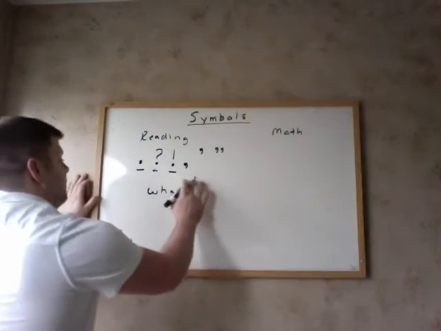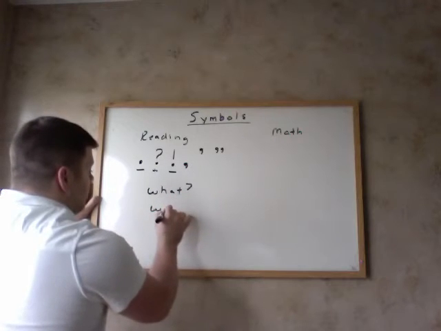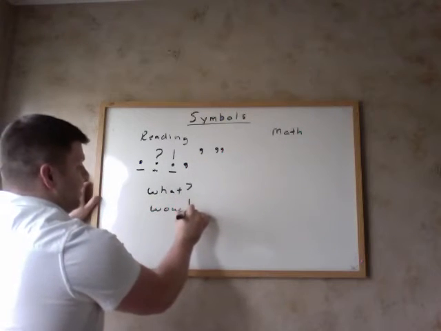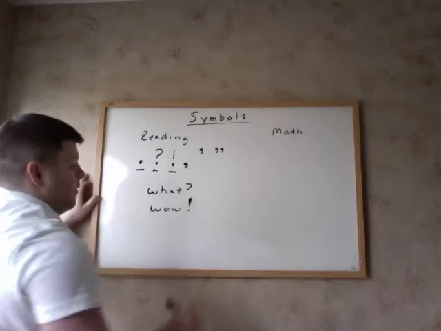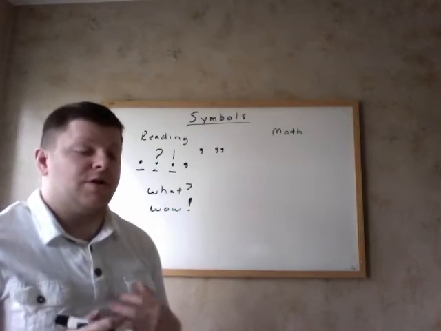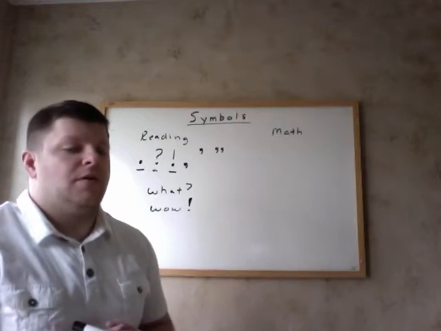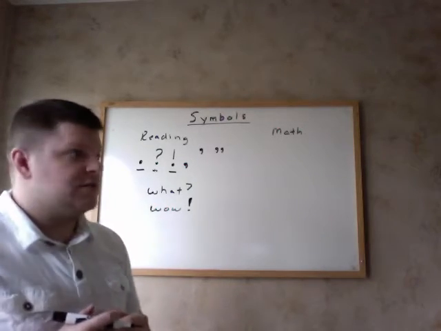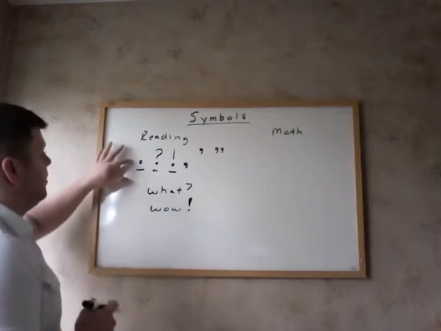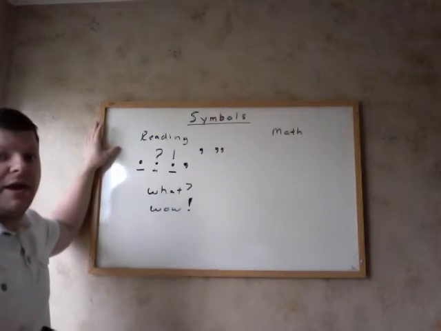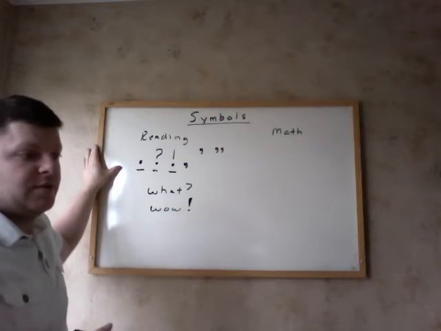If you said something like wow and put an exclamation on it, when you say wow, you would want to really emphasize the word. Wow! It shows excitement in your voice. Typically, periods are also used for things like commands to tell people what you want them to do.